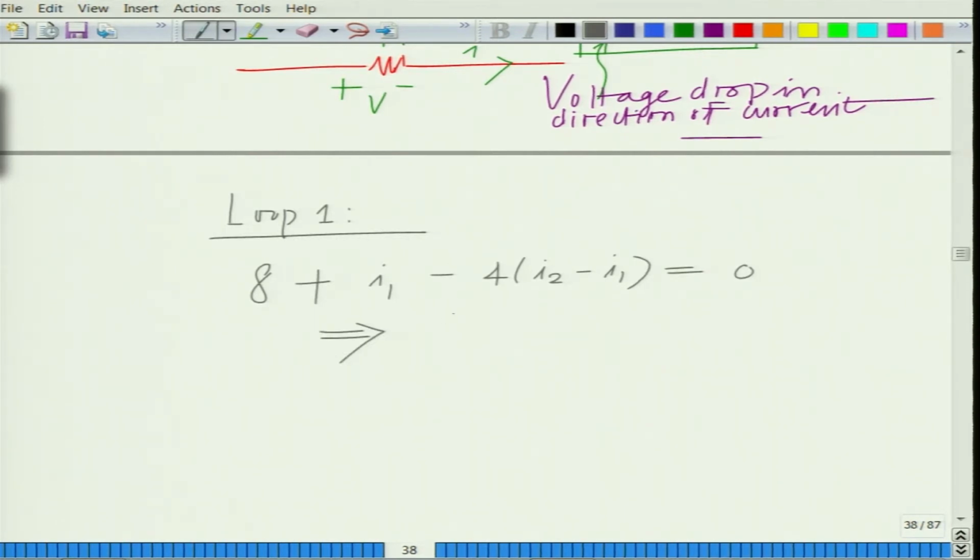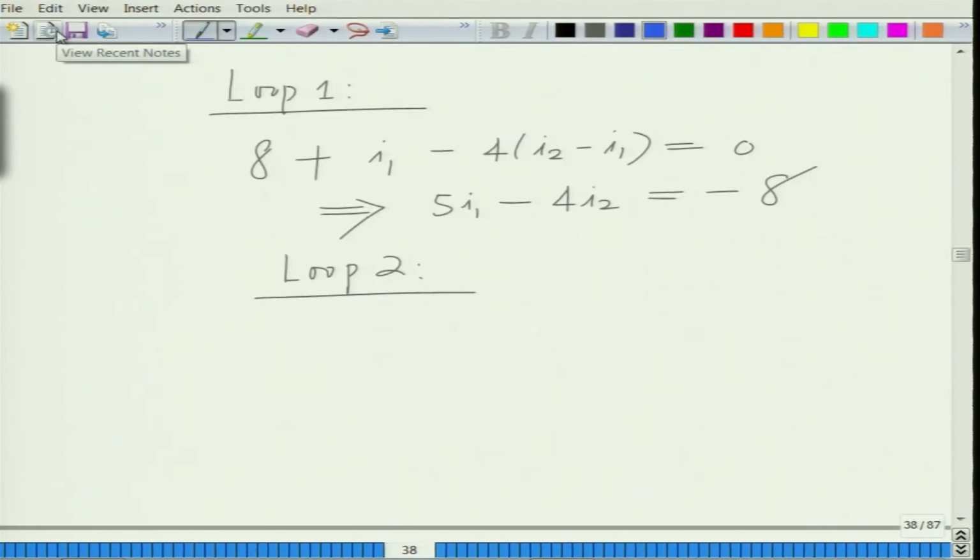This implies 5 I 1 minus 4 I 2 equals minus 8, and for loop 2 we have 4 times I 2 minus I 1 plus 2 I 2 plus 4 plus 4 I 2 equal to 0.